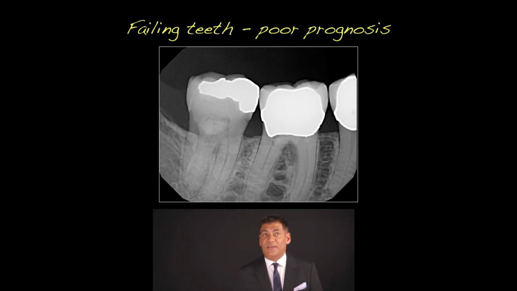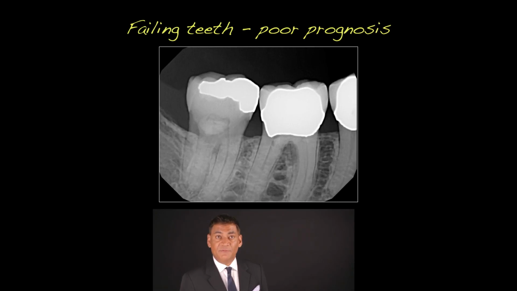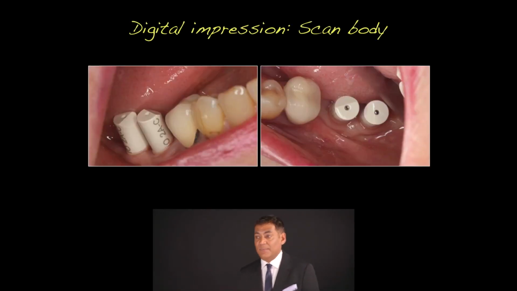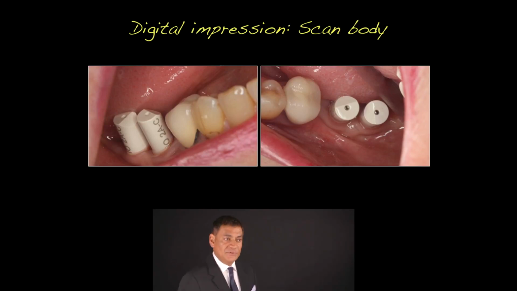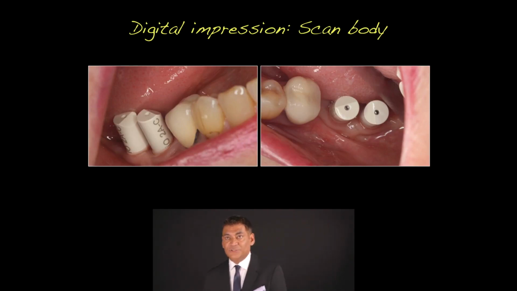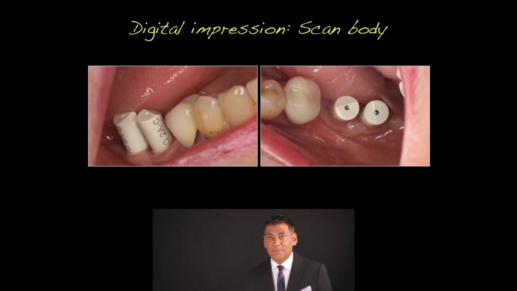And here's an example. We've got a couple of teeth that are failing, and once the surgeon had placed the implants and they sent them back, now we have the opportunity to do something a little bit different. We can actually, instead of taking a conventional analog impression, place a scan body in there.